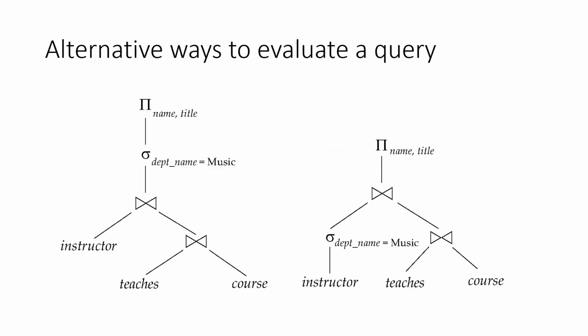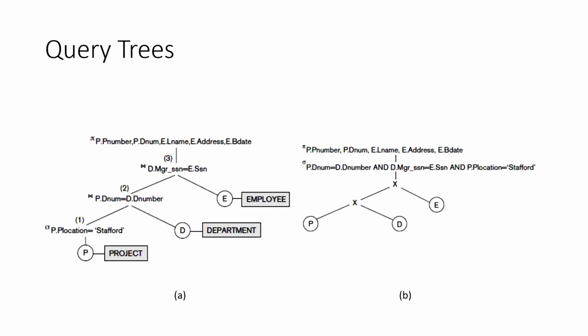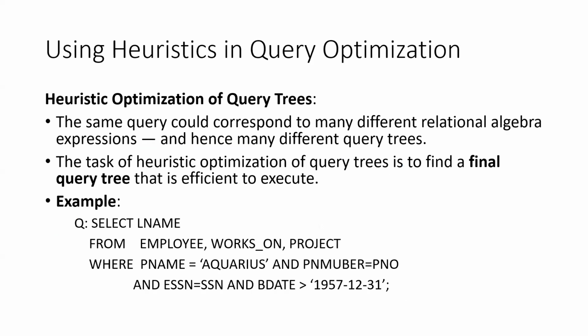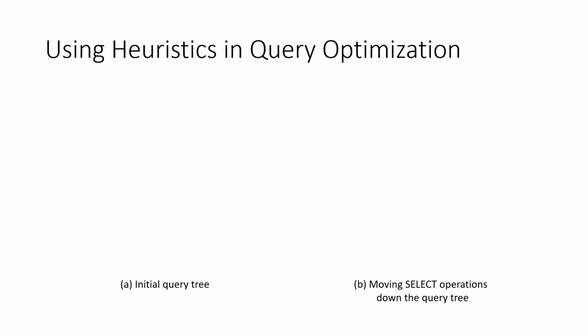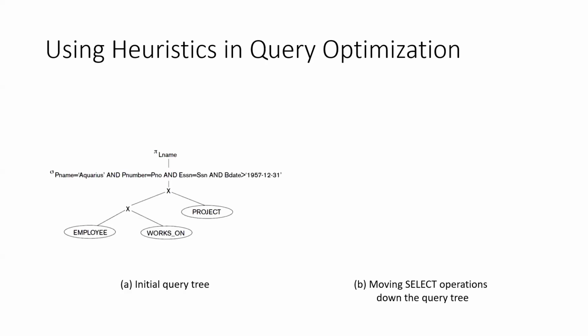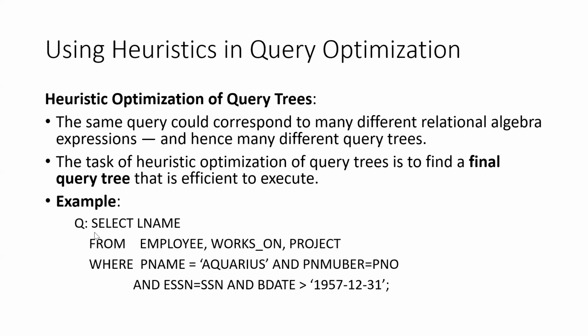Okay. So what we discussed last time was the use of various heuristics to handle this situation. Given an example query, we discussed how we can find the final tree that is efficient to execute. Given this very first query, we have to select last name from employee, works on, and project. That means employees work on different projects, where the project name is given with a particular project number, and also the birth date is after 1957.